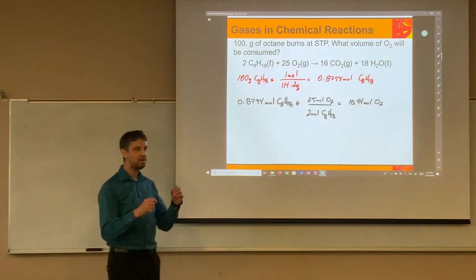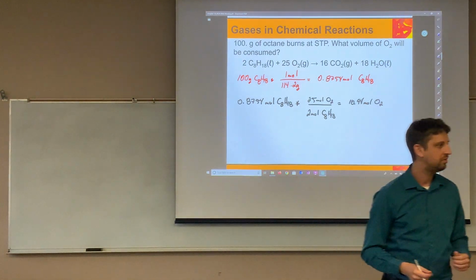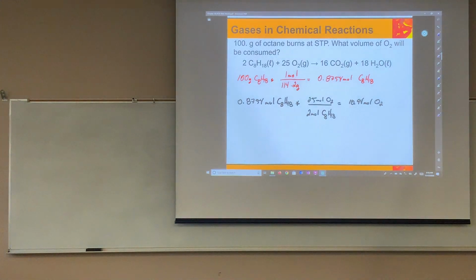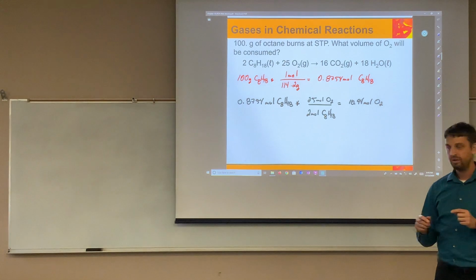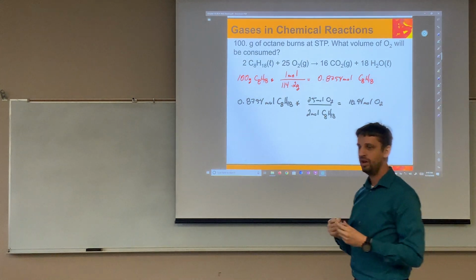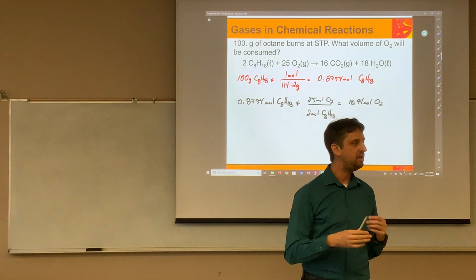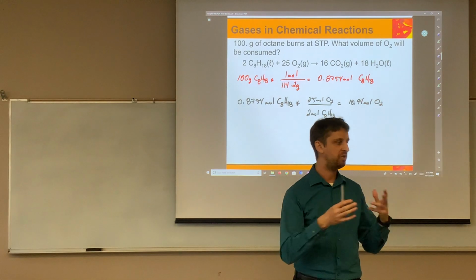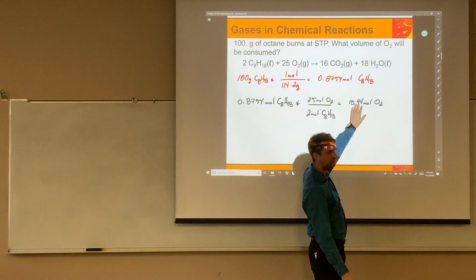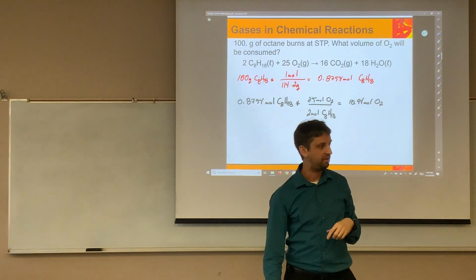And now what? Can we convert moles of O2 into liters of O2? We can, either using the ideal gas law, or I define STP. So here's something to point out. I could have asked this question without defining STP, but giving you specific temperatures and pressures, and you would take moles, that's just n, and plug it into the ideal gas law.